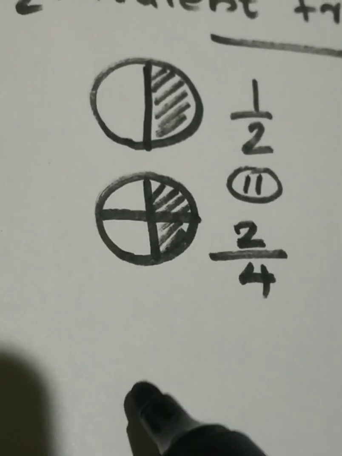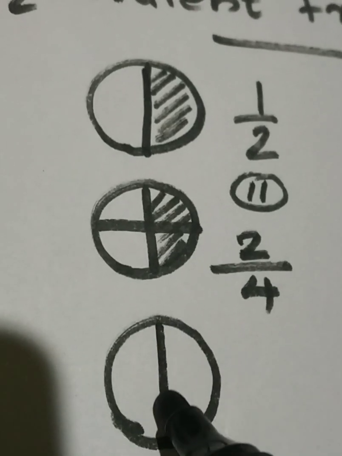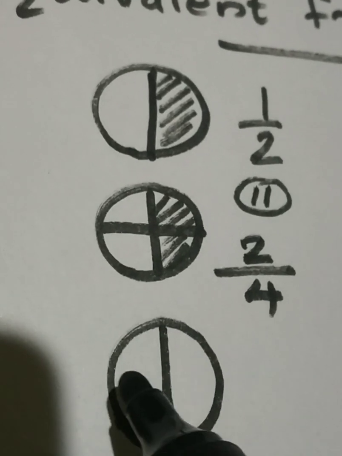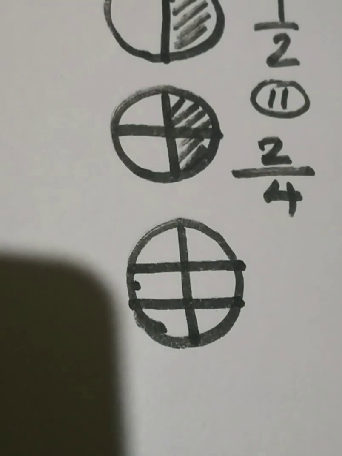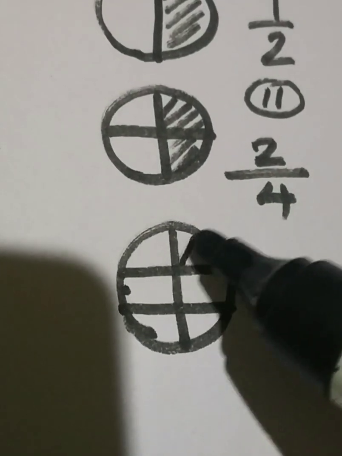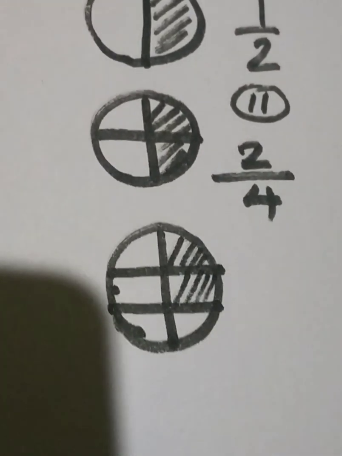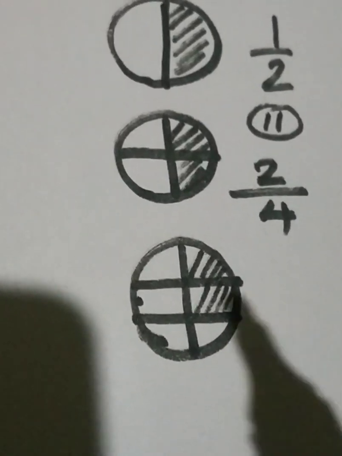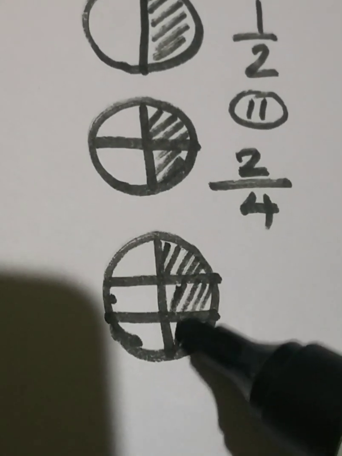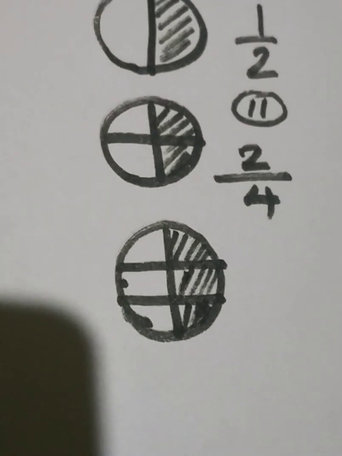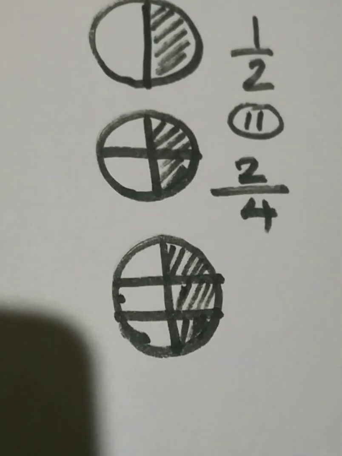Then next, the same cake cut into 6 pieces. This is not half of this cake. If I shade this part, it is also not equal to half of this cake. If I shade this piece too, now we can say I got half of this cake.